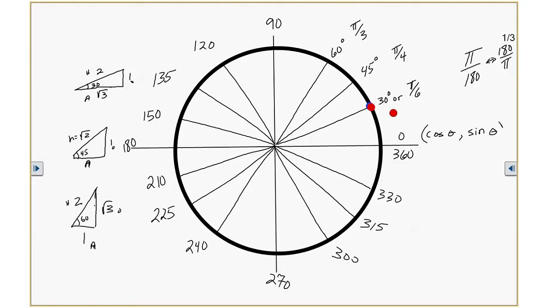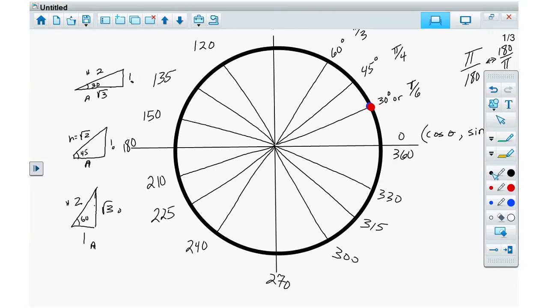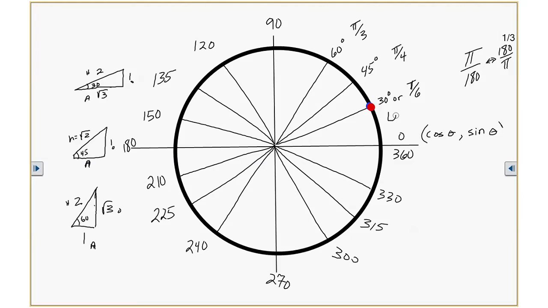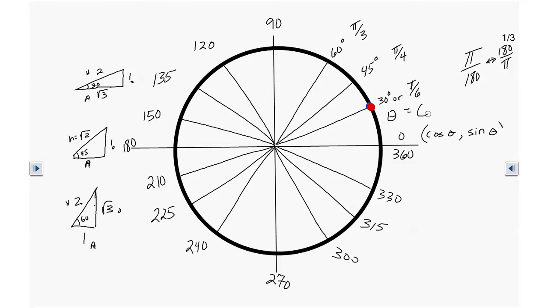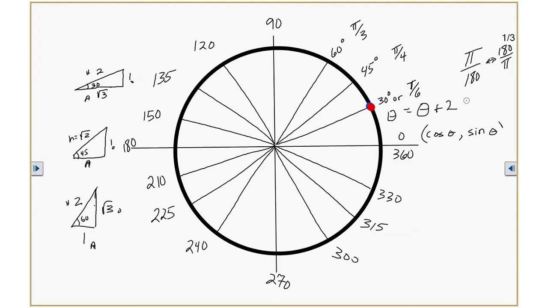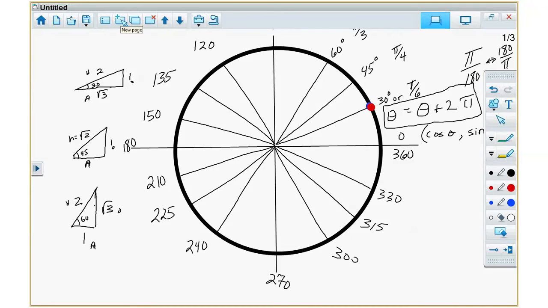So we can say that x can also equal, I'm going to just say theta. Theta can equal theta plus 2 pi. All right. Now, if you take that reasoning right there, let's take it over to another page.